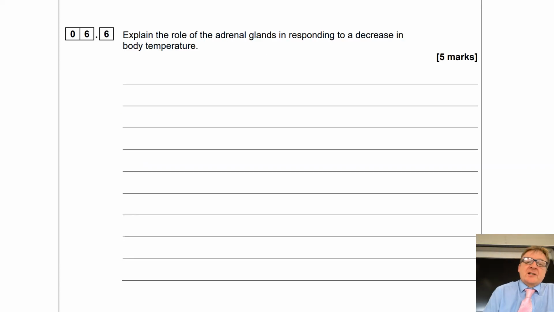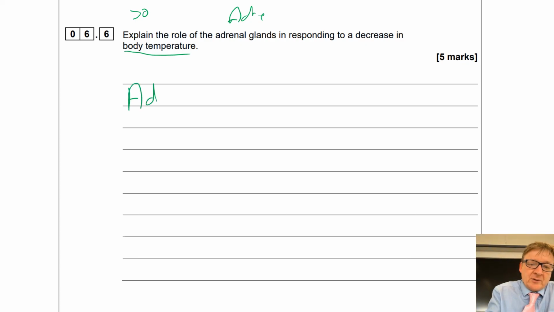6.6. Explain the role of the adrenal gland in responding to a decrease in body temperature. So explain, so we're going to be doing lots of so's, right? The role of the adrenal gland, so we're talking about adrenaline, in responding to a decrease in body temperature, okay? How do we get our body temperature higher?